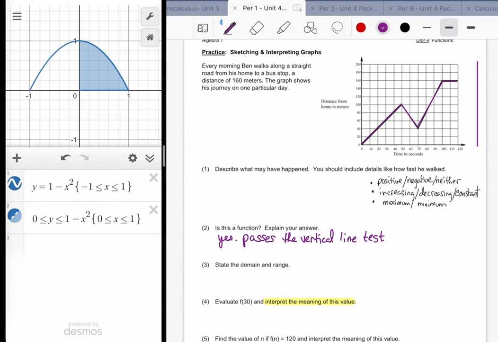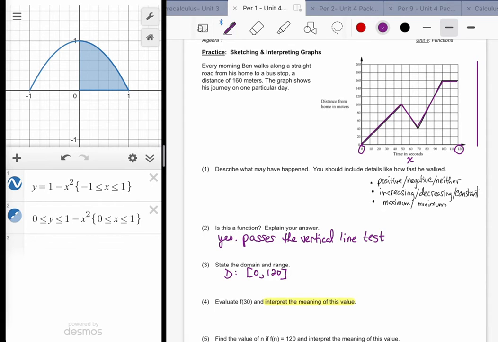All right, so it seems to go from the beginning of the graph grid to the end of the graph grid, which starts at an x value of 0 and ends at an x value of 120. All right, so my domain would go from 0 to 120. All right, there's no open circles or arrows there, so these would be square brackets.